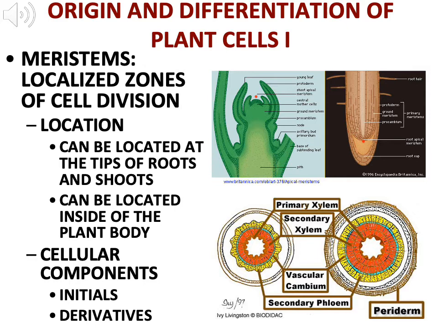So we're going to note this in a little bit, but you might want to write down the word length next to that first bullet point. Can be located at the tips of roots and shoots, in which case the roots get longer and the shoots get longer, or can be located inside the plant body, and I would write down diameter.